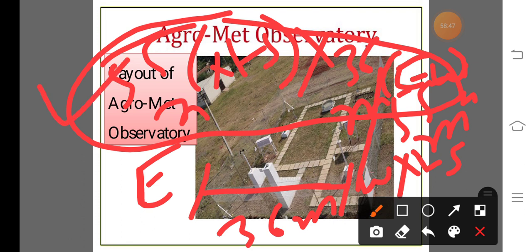Keep this in mind for all competitive exam purposes in relation to agriculture, that means banking, agri MPC, also for semester theory exam and practical exam purposes. The ideal size of agromet observatory is 50-meter long north south and 36-meter width east west.